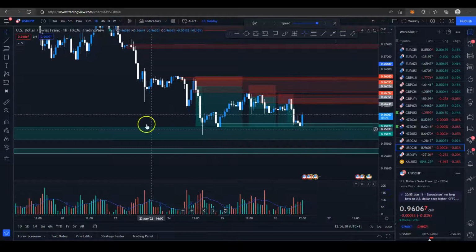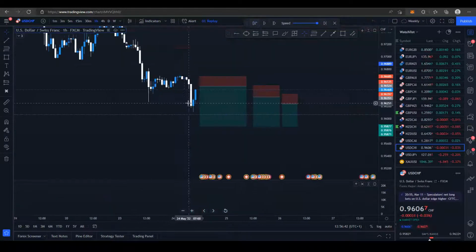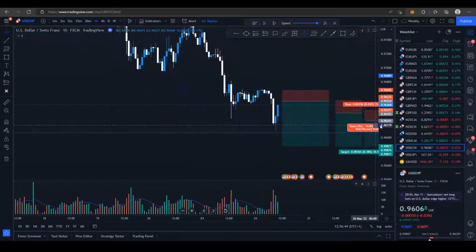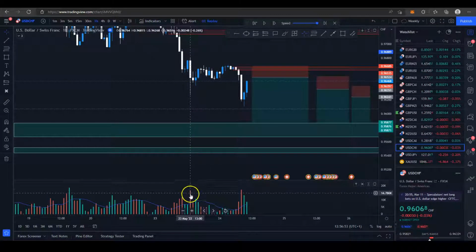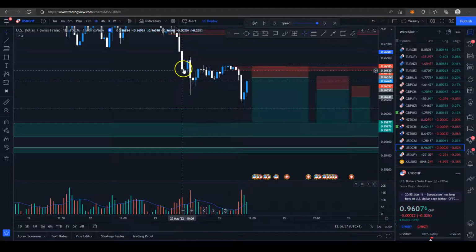But another thing, and why I thought this first one was a good trade, is I'll just show you this as well, is the volume. If you look, this is a bit of a tip from me. Looking at the volume in and around this candle here, we had quite a lot of sell pressure coming from here, which told me something was happening here.